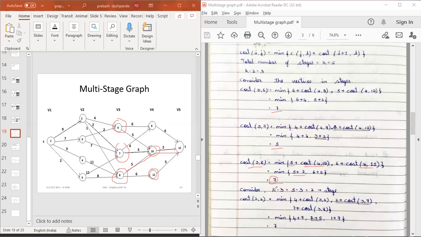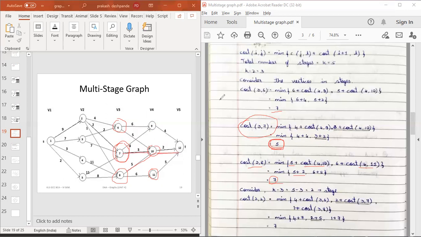So out of these three, the minimum is going to be the 7th vertex. So the decision at this stage is that in the third stage, I'm going to select the vertex 7 because that will give me a minimum cost. And when I select this one, I have to travel through 7 to 10 and then 10 to 12.